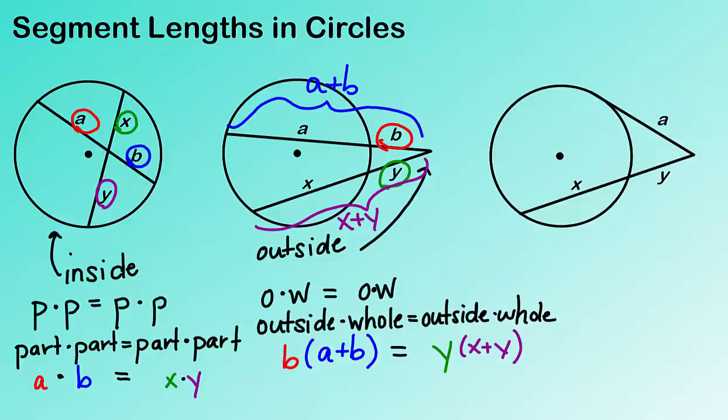We set those equal. Again, the intersection here is outside of the circle.